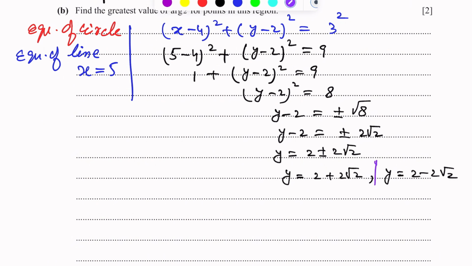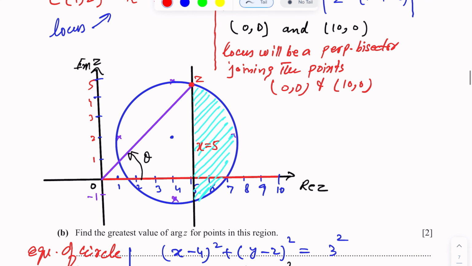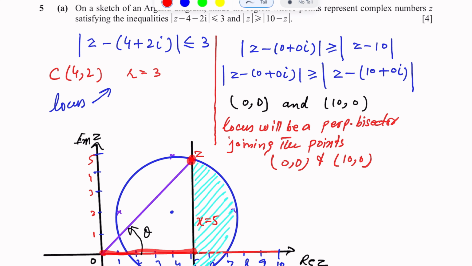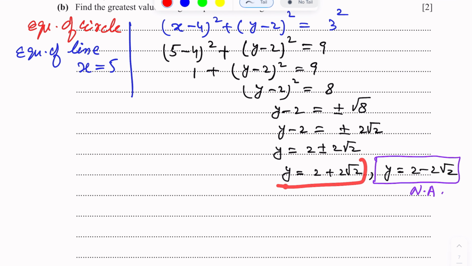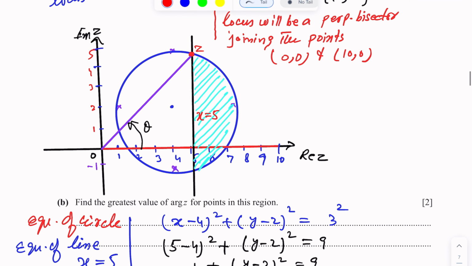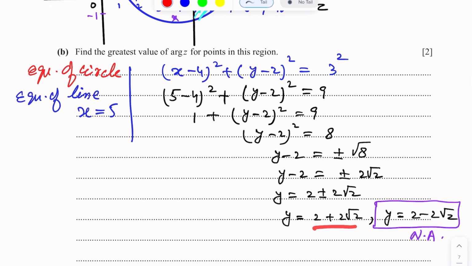This value of y is not applicable because we will get a negative value of y. But look at the value of y here, it is not negative, this is a positive value. So we will use this value of y. So the value of y is 2 plus 2 under root 2.